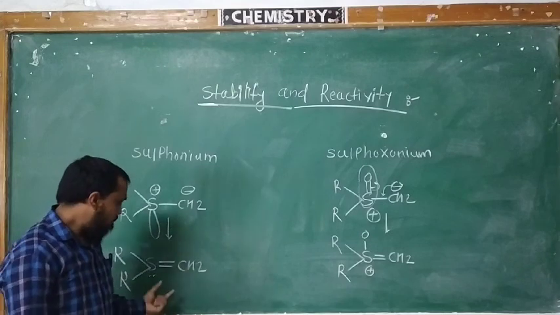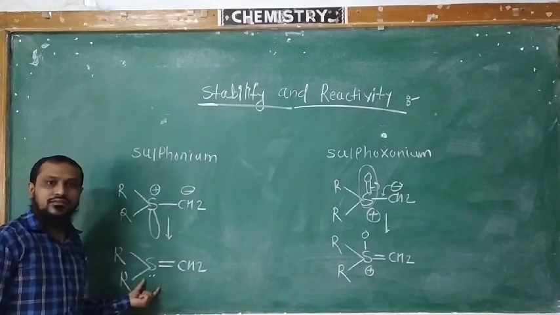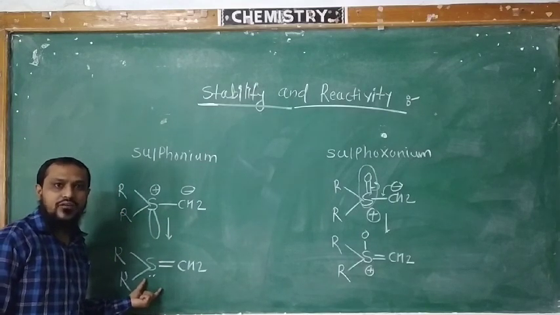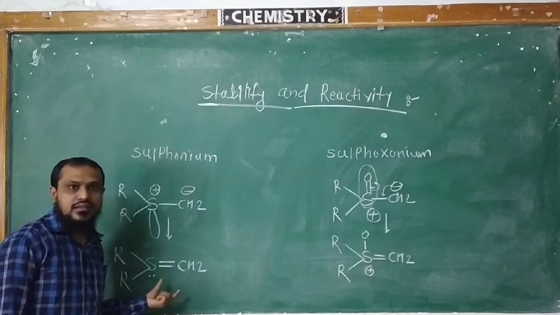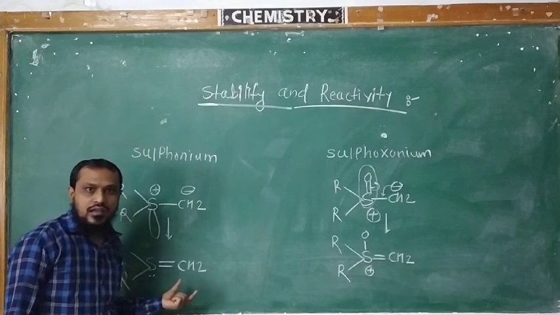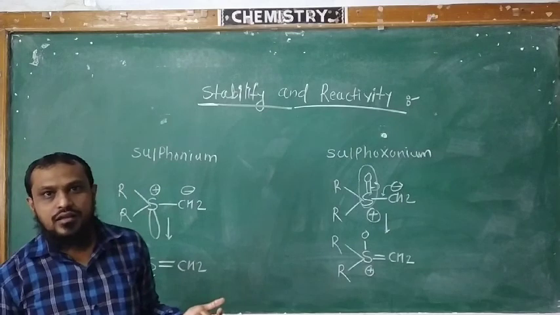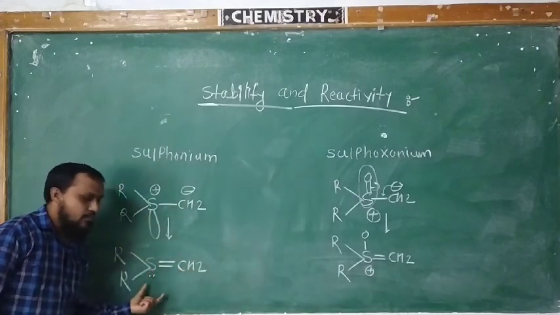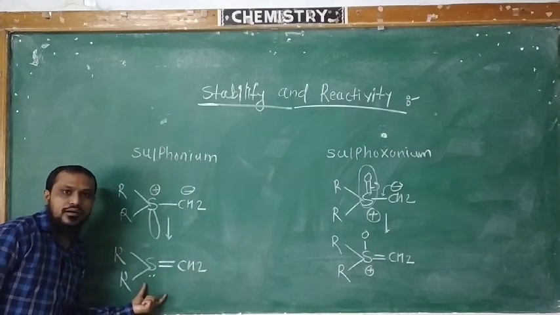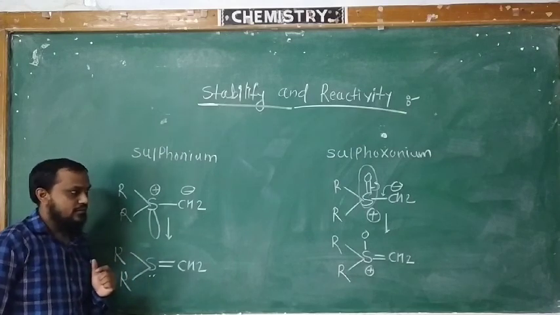Here the lone pair will be regained on sulfur. It means here the availability of lone pair increases. Hence it is most reactive but less stable.